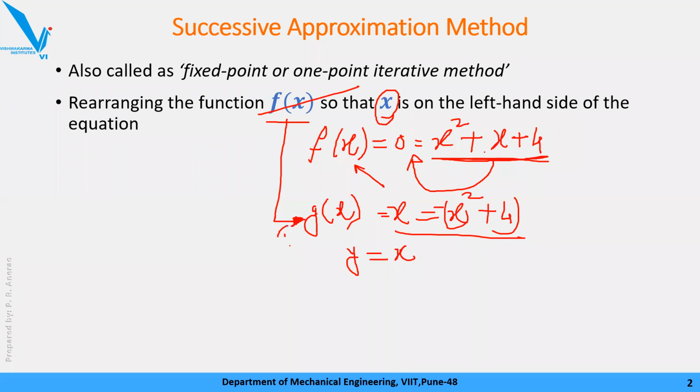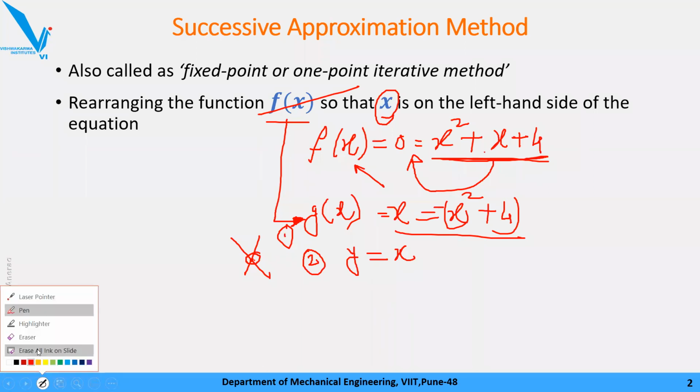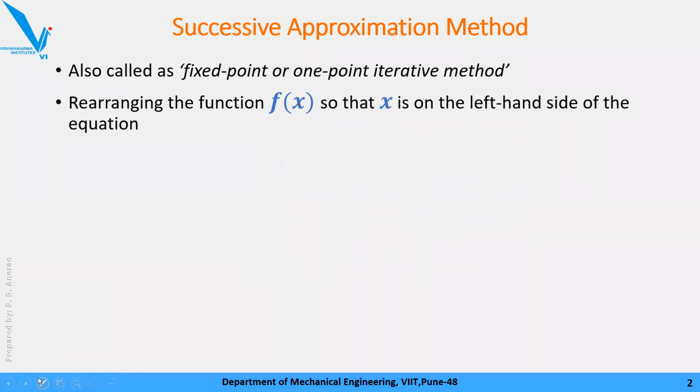Okay, so we have two functions here. Now we solve these two functions and try to find the intersection. Okay, g of x का और y जहां पे भी intersect होगा, these two curves, that is nothing but your root. Okay, so this is the philosophy of the successive approximation method, but we will have more clarity on how this works. Okay, implementation बहुत easy है.